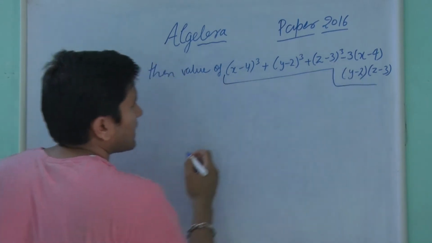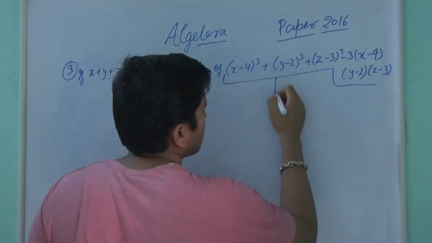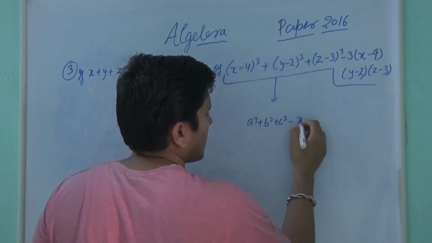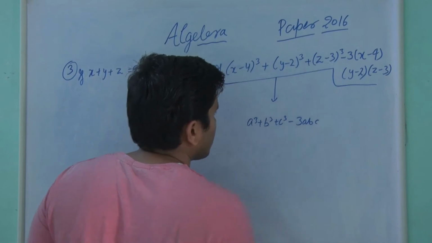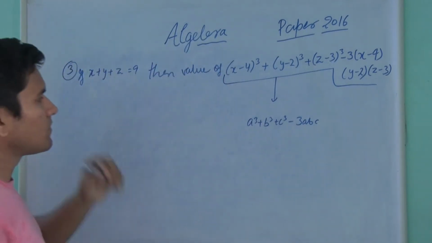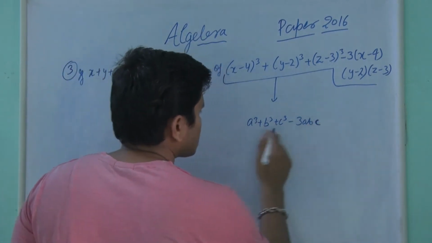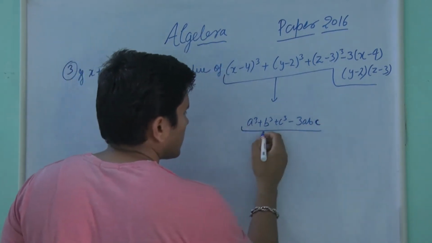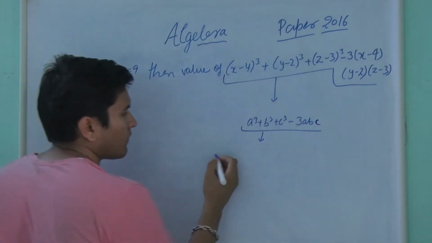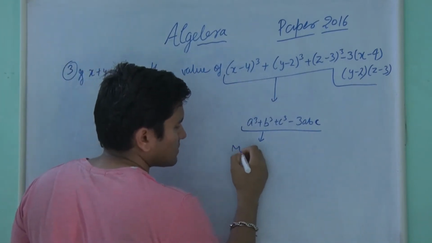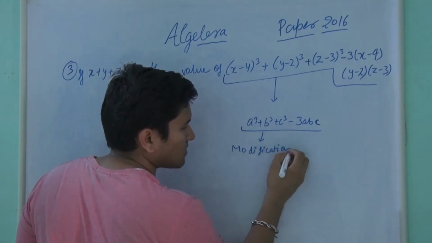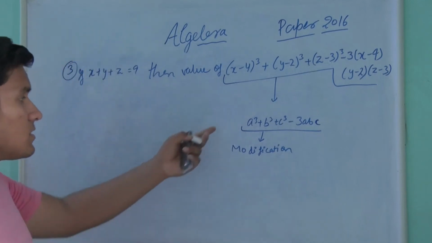By seeing this, one thing comes to mind: it is the simple identity of a cube plus b cube plus c cube minus 3abc. We are left with one more modification, which is very important to keep in mind.